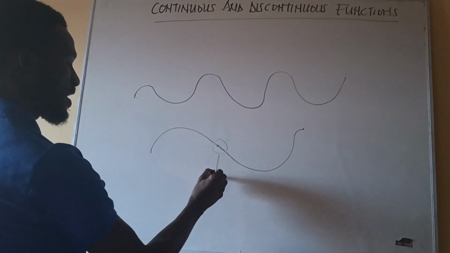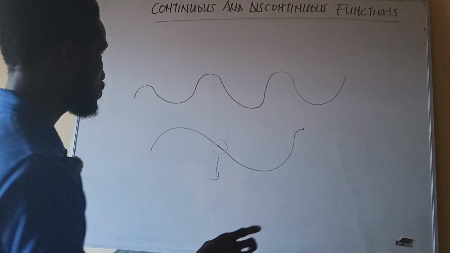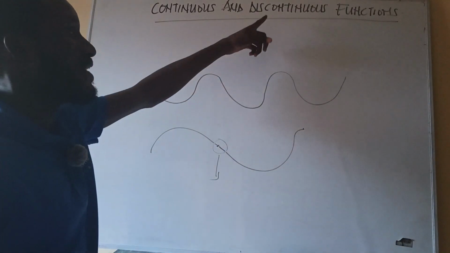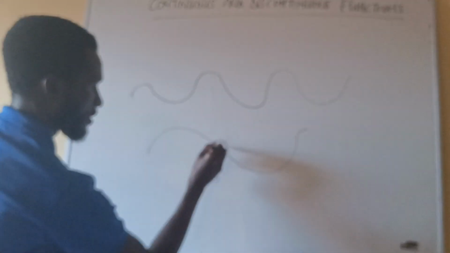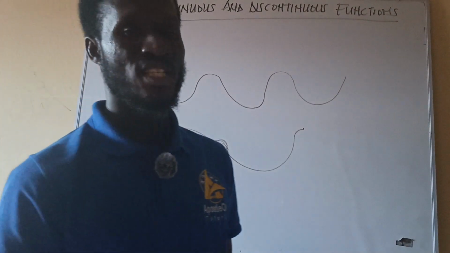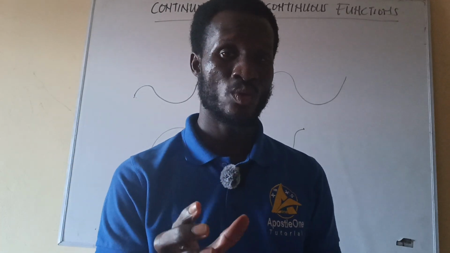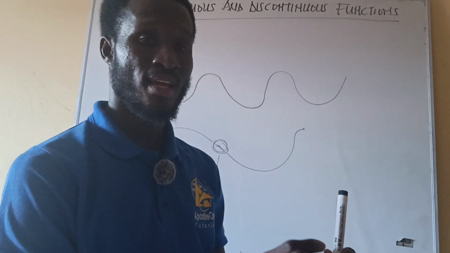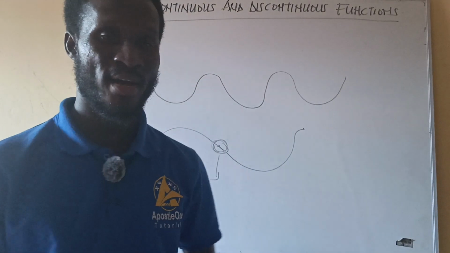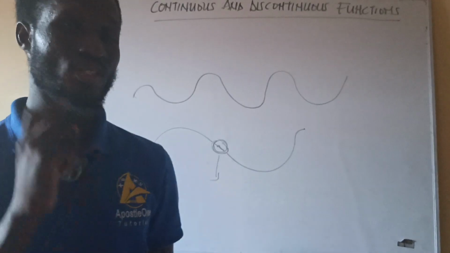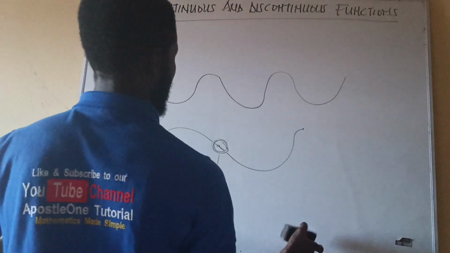So at this particular point, the curve is no more continuous, but rather it is discontinuous at this particular point. So that is what we talk about as discontinuous. The moment there is something that will make the thing not smooth, we call that particular point a discontinuous point.